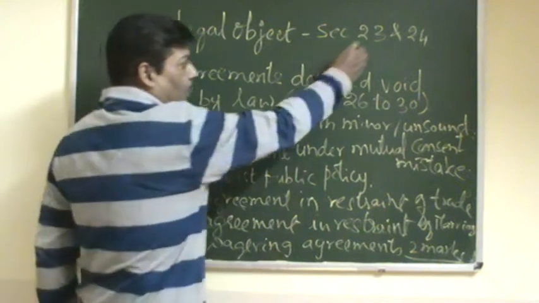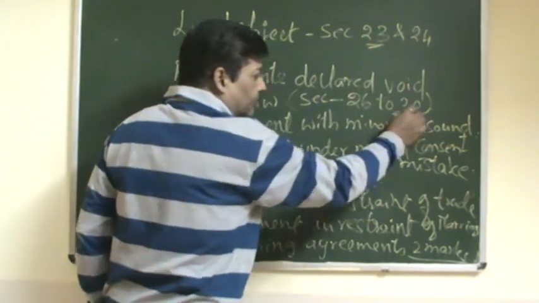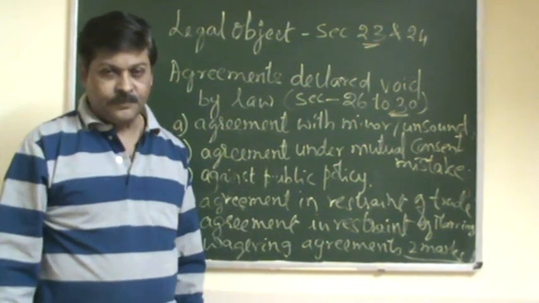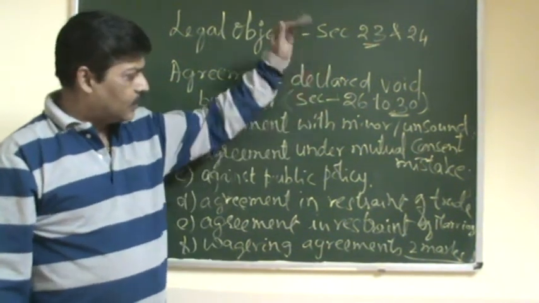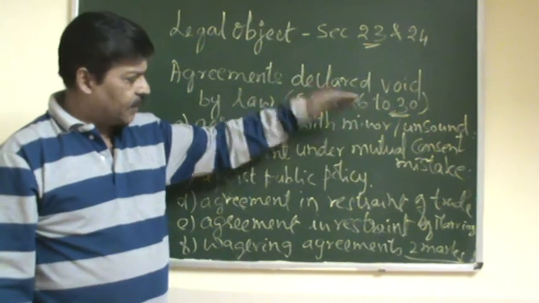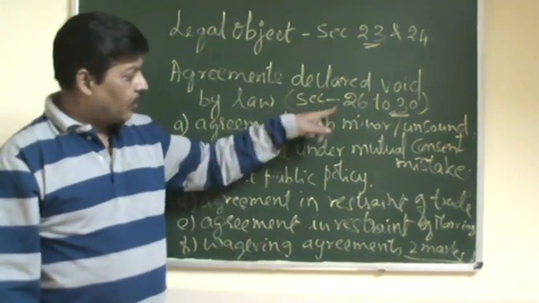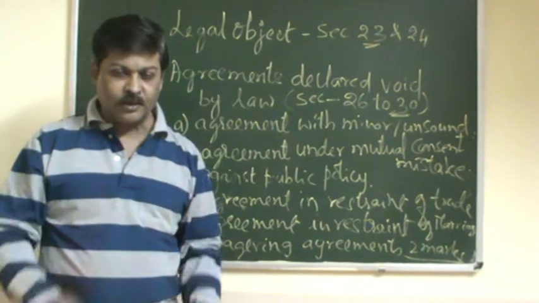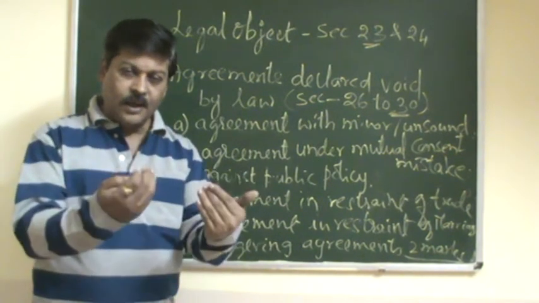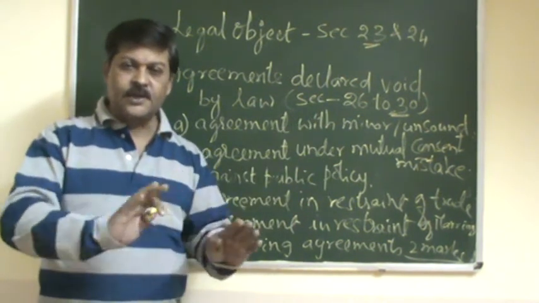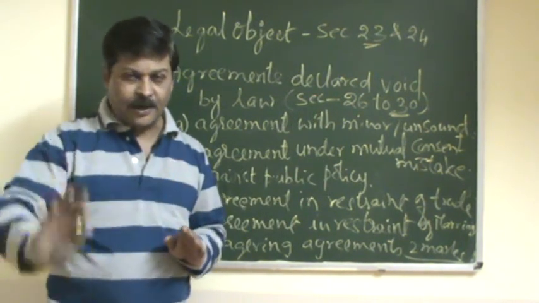Sections 23 to 30 mainly speak about the legality of the object. There are certain agreements which are expressly declared void. You cannot make them the subject matter, and you cannot include them and make the object lawful. If an agreement is itself declared void, it means the law has expressly stated this cannot be a subject matter.